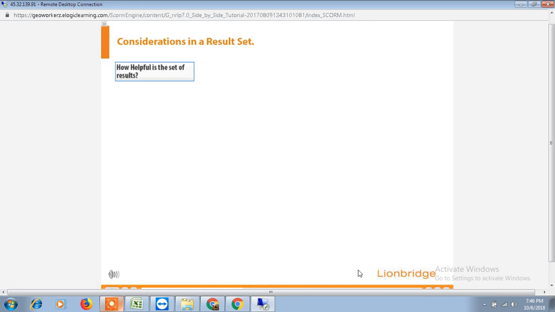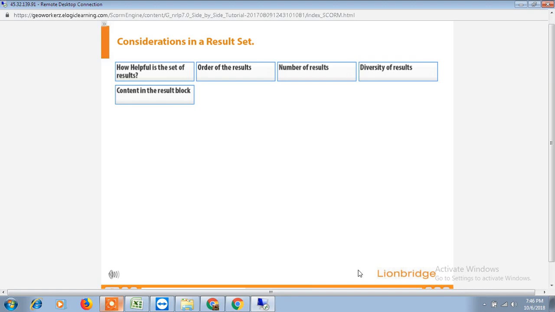Because you are looking at a set of results, there are additional considerations in side-by-side rating, such as the order of results. The considerations shown here are not in any particular order. For some queries, one consideration may be more important than another.